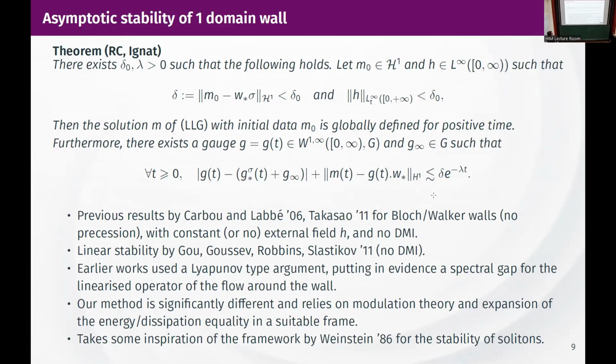I want to look at the energy, and for this I will use modulation theory. So this fits somehow in the general idea of Weinstein for dispersive equations and to study the orbital stability of solitons. And I think Philippe mentioned it a bit, and also Elliot, in the same kind of ideas.